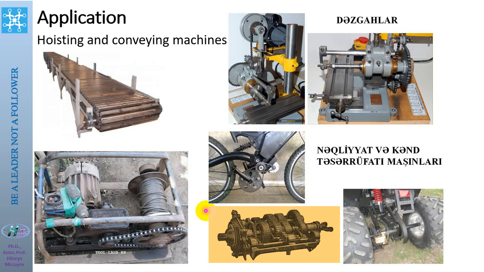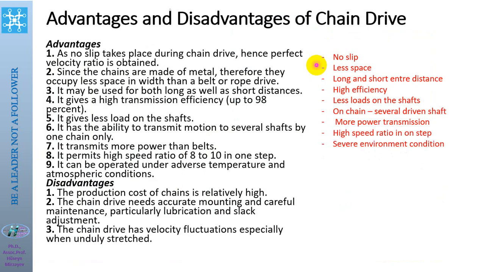Chain drives are applied mainly in agricultural machines, on hoisting machines, for example hoisting drum cranes, on hoisting and conveying machines, and on metal cutting tools.